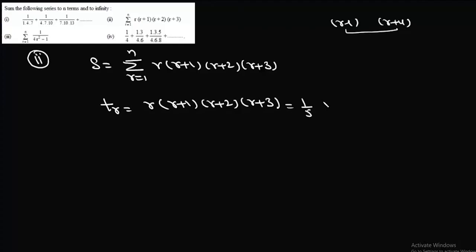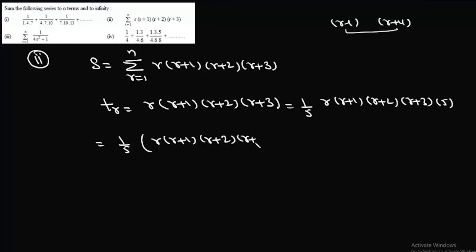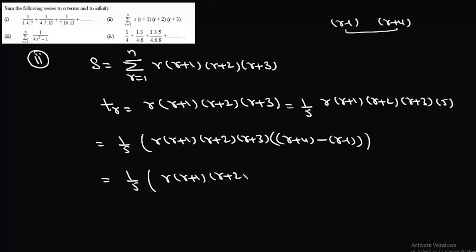So we can write 1 by 5 and this is r plus 1, r plus 2, r plus 3, and we'll write the 5 as r plus 4 minus r minus 1 and split it in two parts. We can write 1 by 5, and this is r plus 1, r plus 2, r plus 3, r plus 4, minus r minus 1, r plus 1, r plus 2, r plus 3. So that's our rth term.